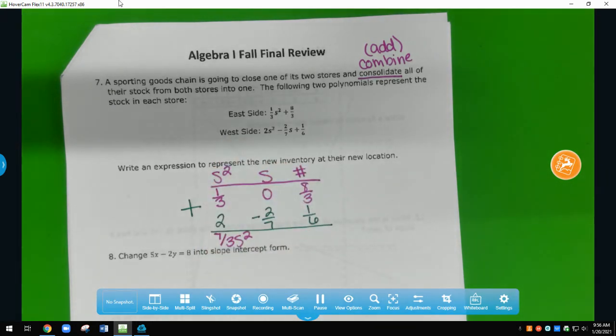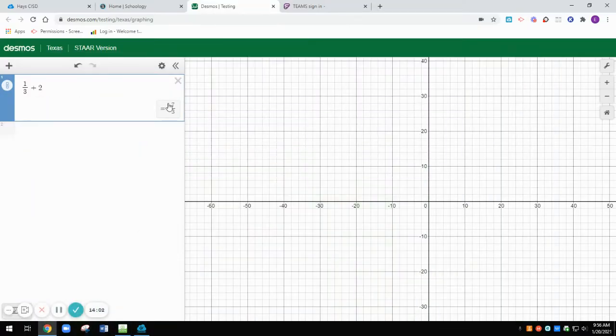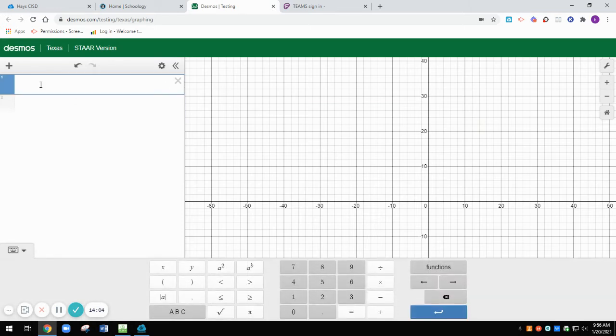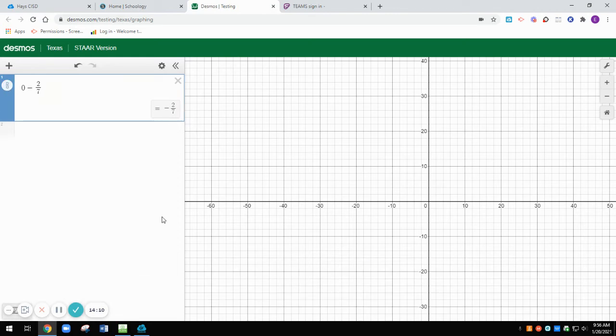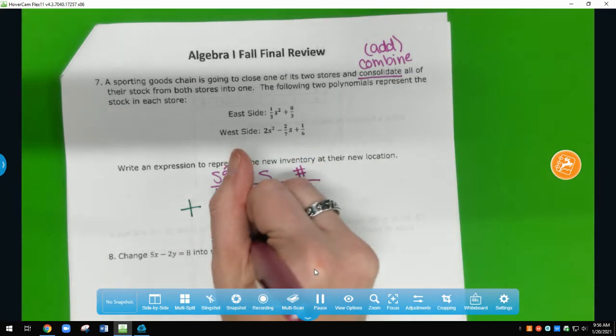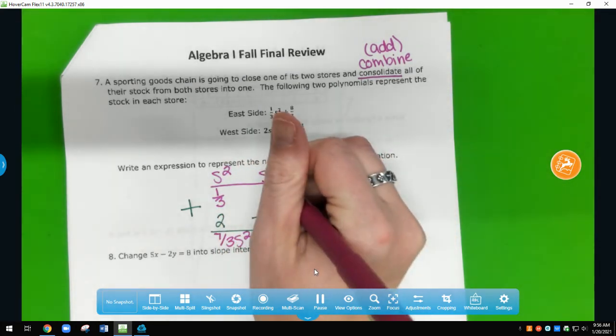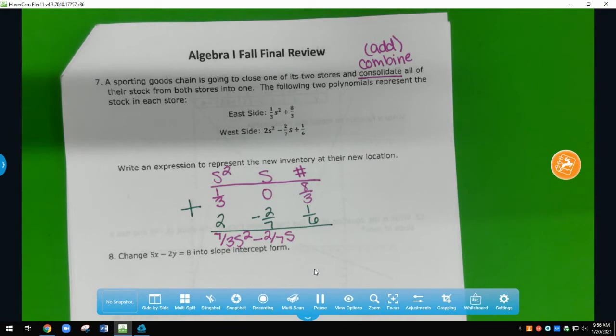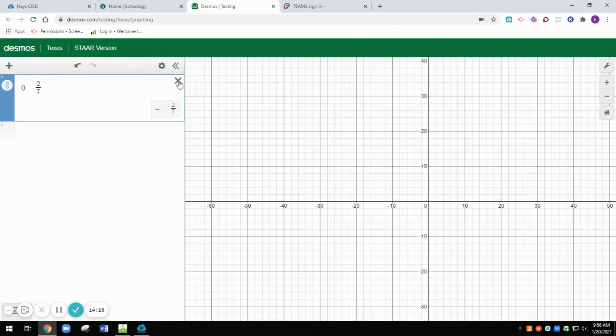And then for the next one, I have 0 minus 2 divided by 7. So it's negative 2/7. And that is in the S column, so I'm going to put an S. And then for the last one, I have 8/3 plus 1/6.